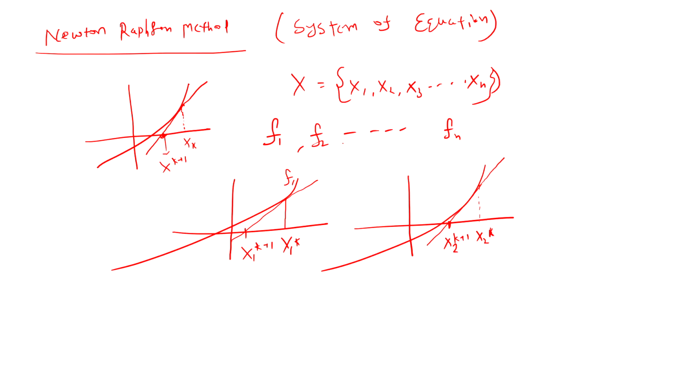So this is the idea. For each function we will find a tangent, and then wherever this tangent cuts the x-axis, where the x-axis is related to a particular component of the x vector, x is not a single component here.